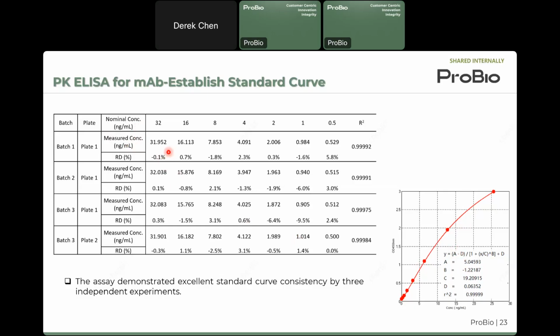The difference between the nominal concentration and the measured concentration is well controlled under 10%, and the majority of the sampling data is as low as roughly 1 to 2% variation.